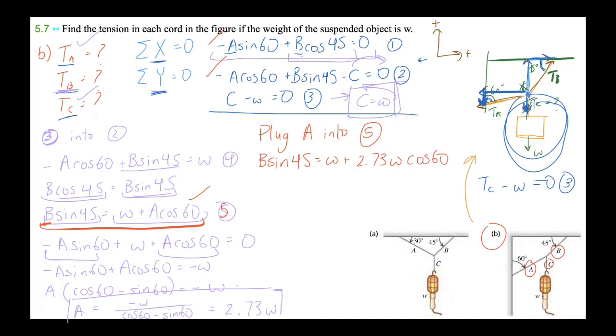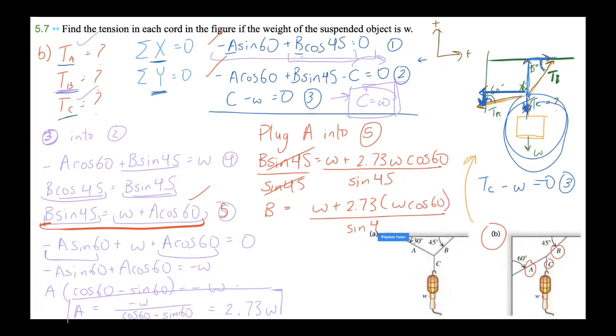So now we just have to isolate for B. Let's divide both sides by sine 45, like we said earlier. Sine 45, sine 45. And B is just equal to W plus 2.73W cos 60 over sine 45. Okay.